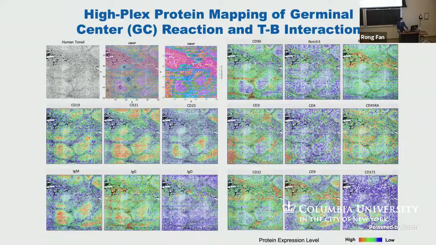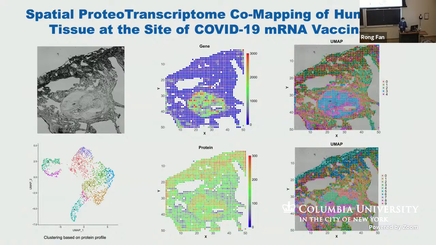So 300, I'm not able to show you all of them, but just to give you a little idea of how rich the data you can get out of this high-plex spatial protein profiling in conjunction with whole transcriptome sequencing. So this is interesting data from the vaccine again. We did this high-plex protein and transcriptome co-sequencing on a skin biopsy sample.